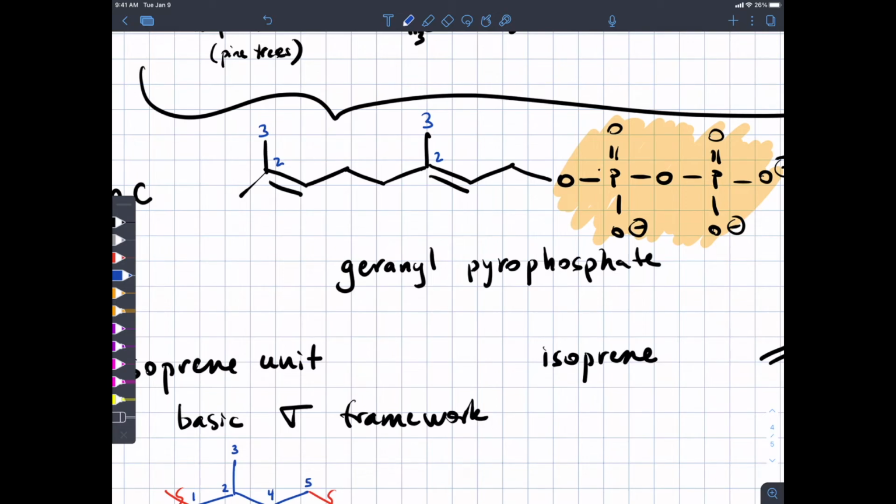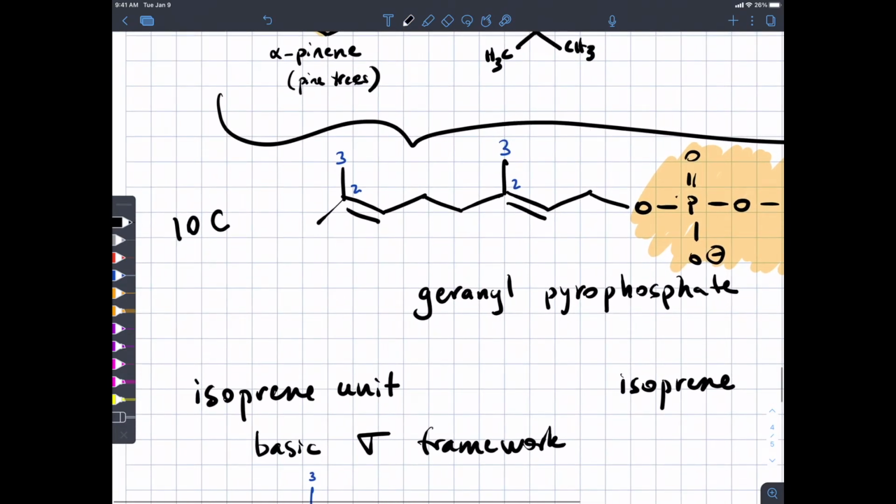And then at this point, when identifying isoprene units, we're going to ignore the double bonds and ignore any oxygens and focus exclusively on the carbons. The second thing we're going to do after identifying all the branching methyl groups is we're going to look for the dimethyl tail of this molecule, because we have at the end a carbon that has 2 methyl groups on it, and we'll call the other methyl group 1. Okay?